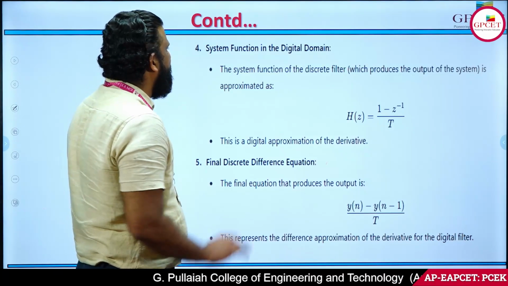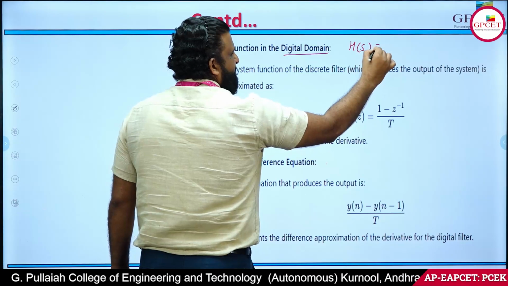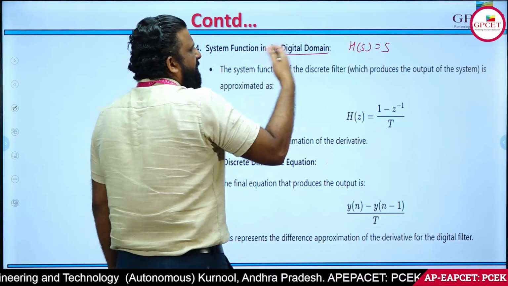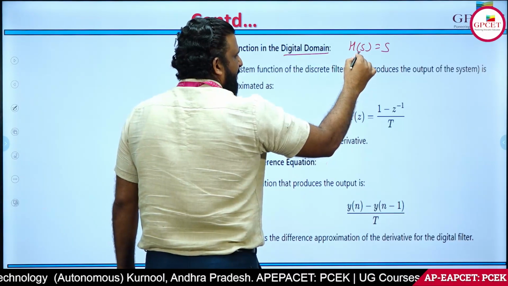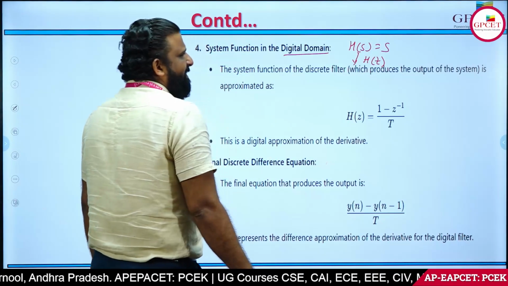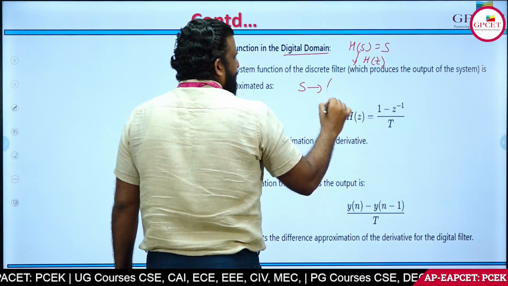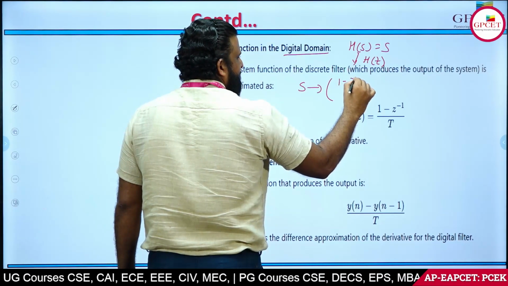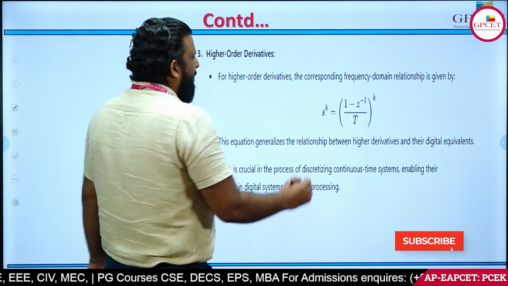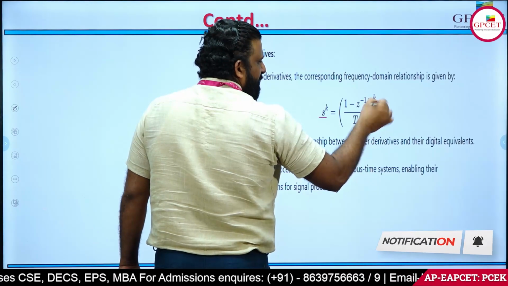Now after getting this, we need to convert into the digital domain. We got H of s equal to s, the analog form of the system function. Now we need to convert H of s into H of z. For that, we should substitute, in the place of s, (1 minus z inverse) by T to the power of k.